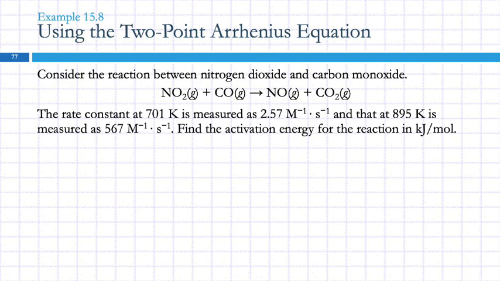So I'm going to identify what these things are. I'm going to call the first temperature, temperature 1. That's a kind of ugly 701 Kelvin. And then the first rate constant is 2.57, molarity to the minus 1, seconds to the minus 1.